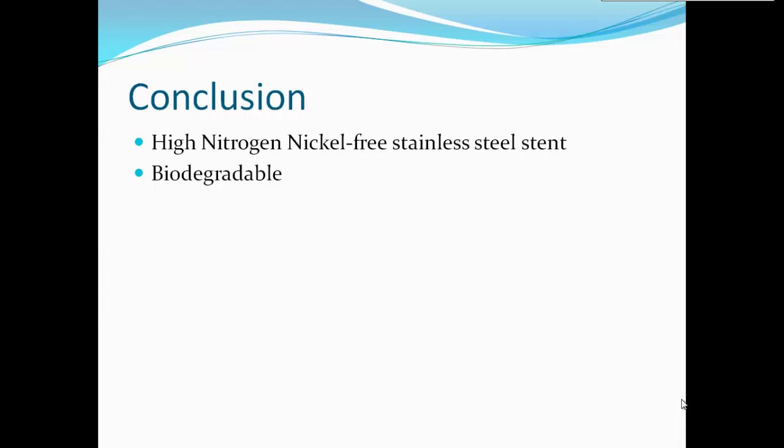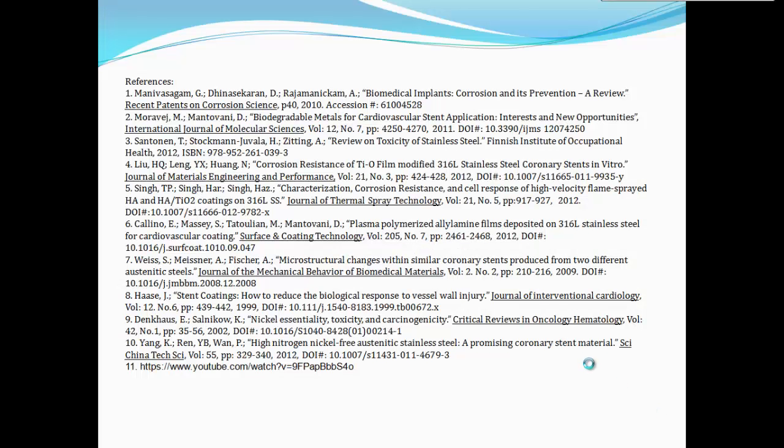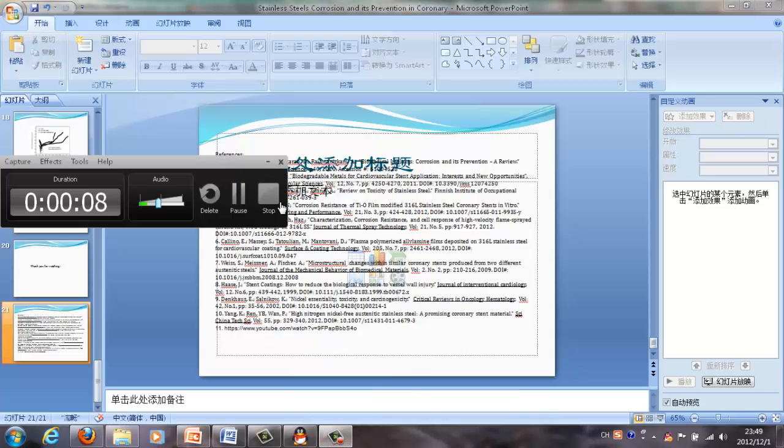Also, people could use biodegradable materials to fabricate the stent, because if the material is biodegradable, we do not need to worry about any corrosion of the stent, and the corrosion may even help the stent to be degradable.